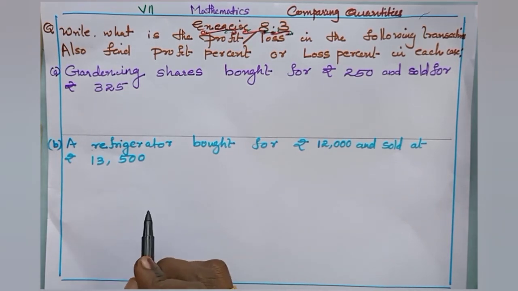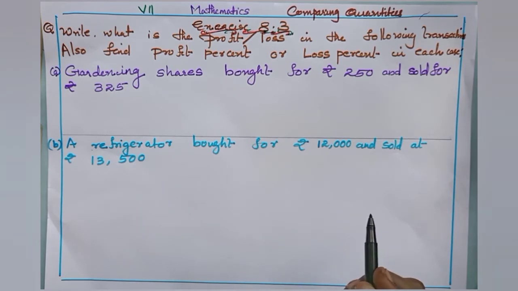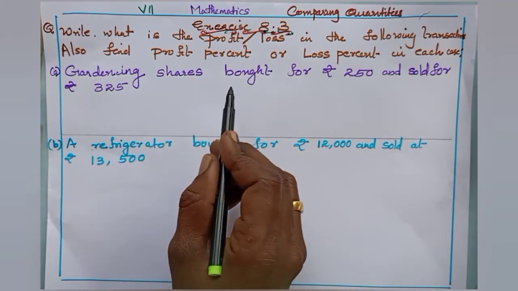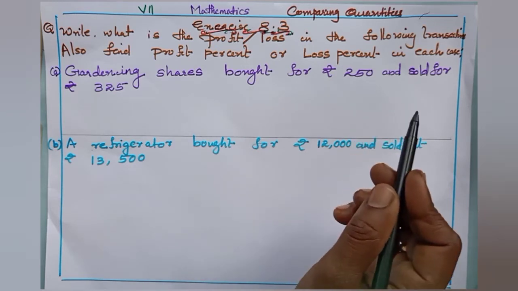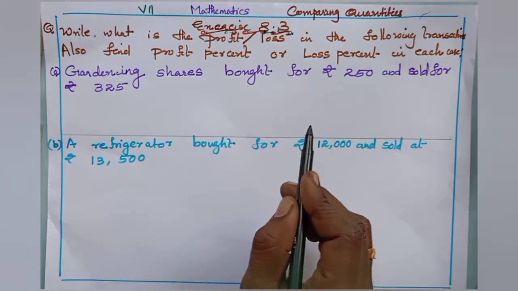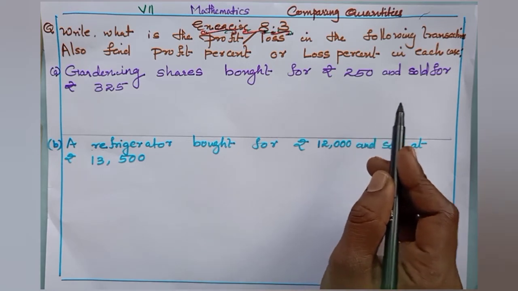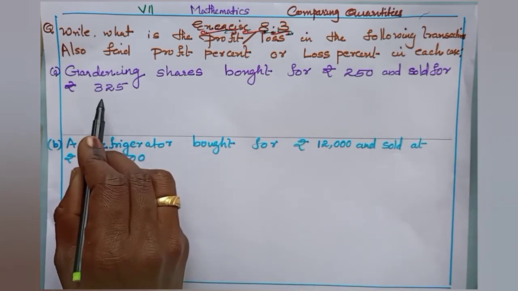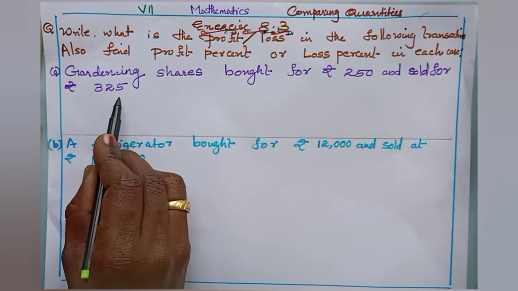Let's do the problems on exercise 8.3. Write what is the profit or loss in the following transaction. Also find profit percent or loss percent in each case. Gardening shears bought for rupees 250 and sold for rupees 325.